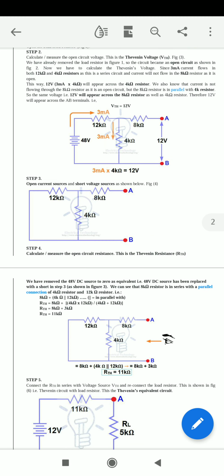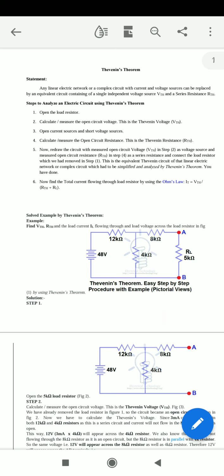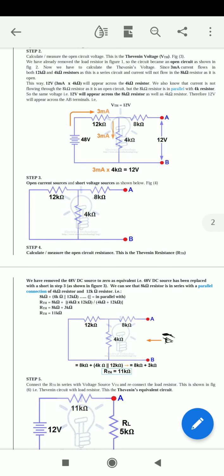Next step, open the current source or short circuit the voltage source. Now in the problem, we have a voltage source, so short circuit that voltage source. So the source is shorted and the load resistance is open.